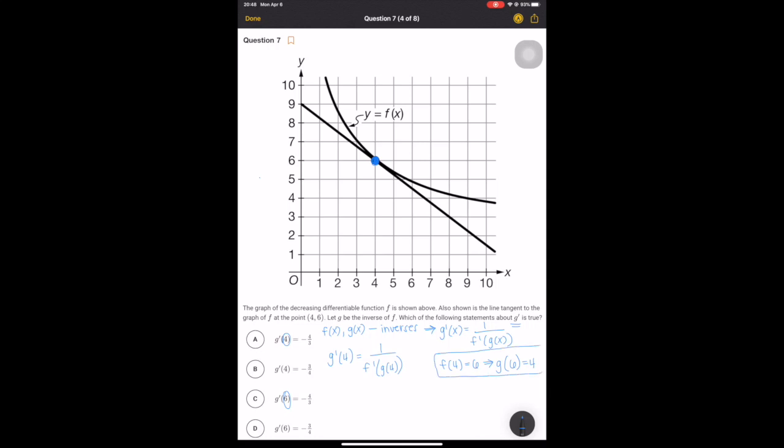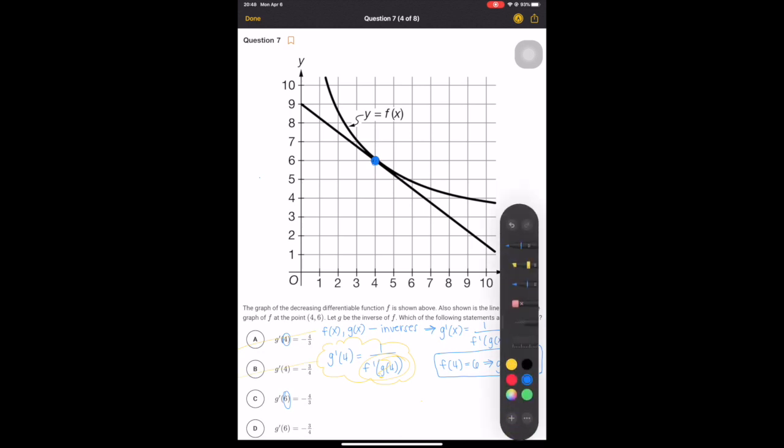Remember their x's and y's are switched. So if we look back to this equation, we don't have this guy. So it cannot be A, it cannot be B. Alright, let's keep going.